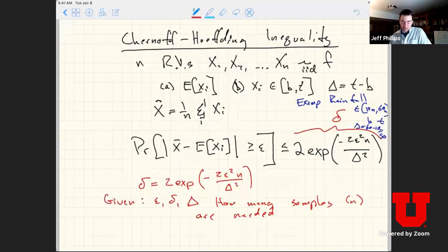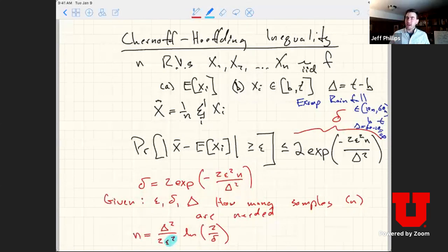We basically take the natural log of both sides, and what you end up getting is n is going to be uppercase delta squared over 2 epsilon squared times the natural log of 2 over lowercase delta. If you look at this form and compare it to the Chebyshev inequality, the 1 over epsilon squared term is basically the same.